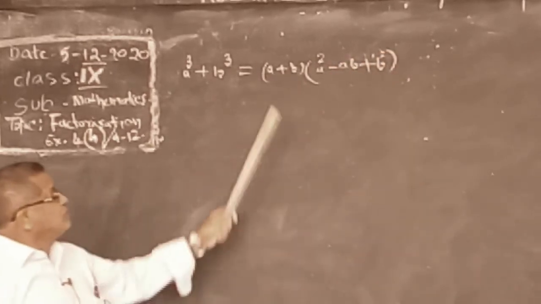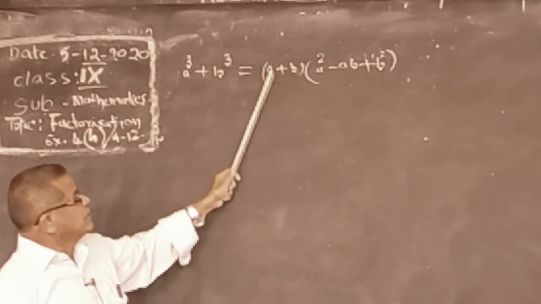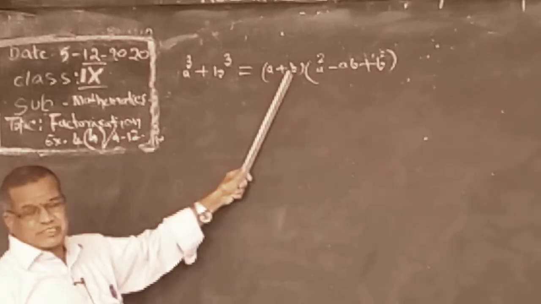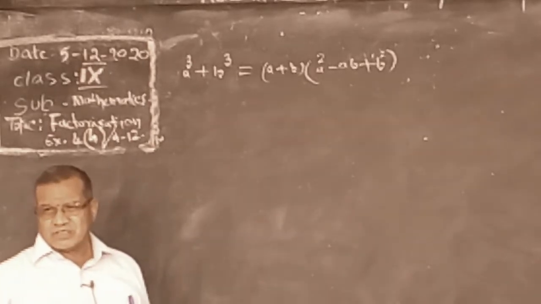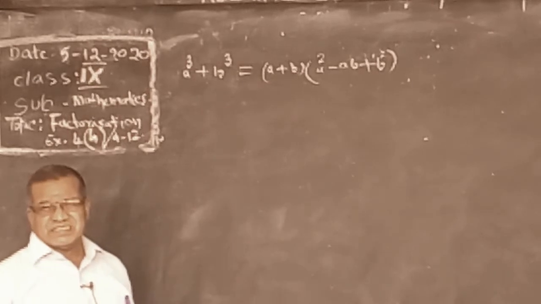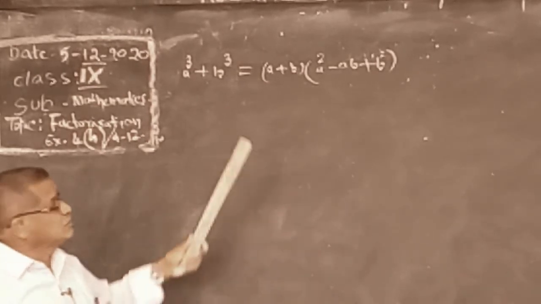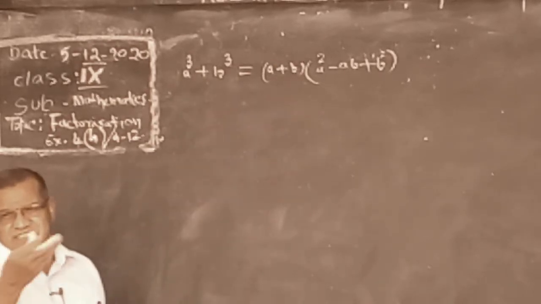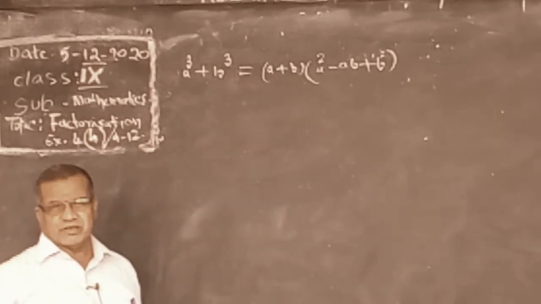See, when we multiply these two, we get this. When we multiply with a, we get 3 terms. When we multiply by b, we get again 3 terms. Totally we get 6 terms. Among the 6 terms, some terms are the same with different sign, so they cancel, and only these two are left. We say that is the formula.